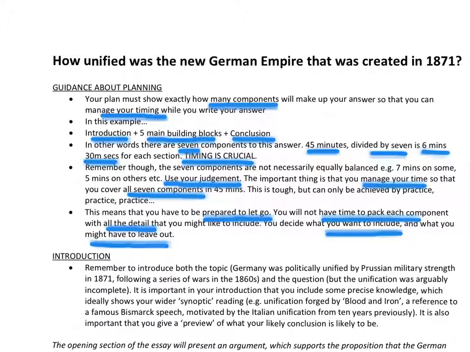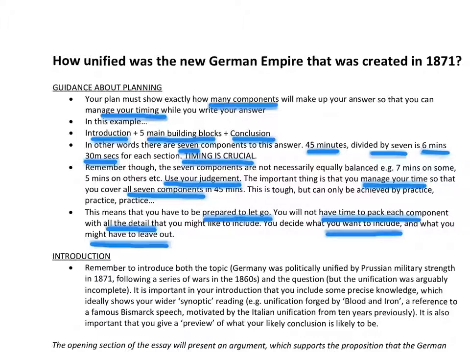Don't waffle. Use key vocabulary, for example. Using a word such as autonomy can get across what you mean much better than if you were not to use that word, you'd have to use several words to explain what you mean. So using the precise historical vocabulary is important.